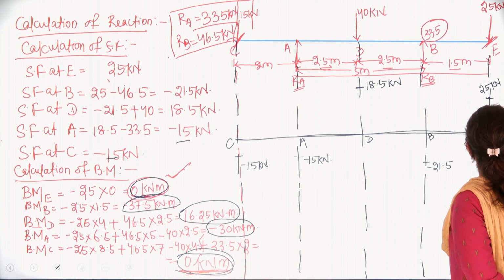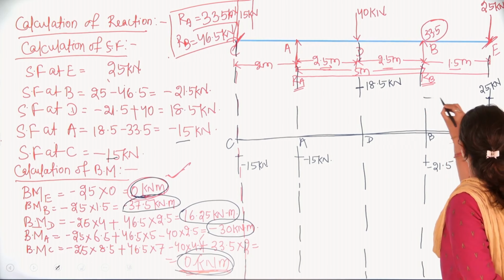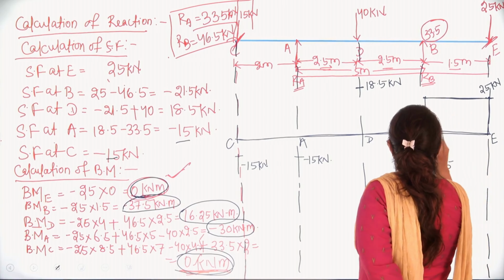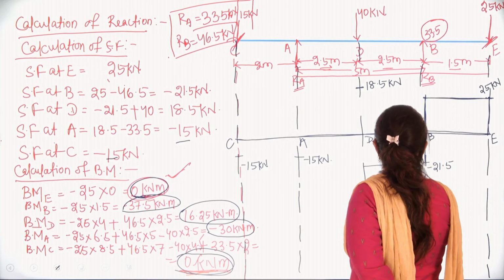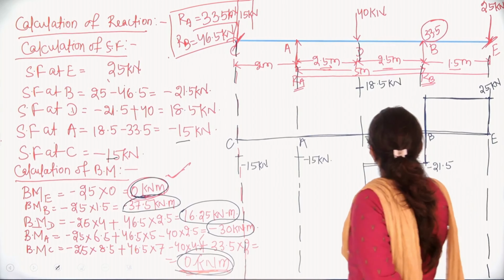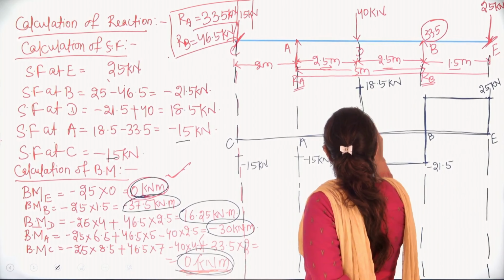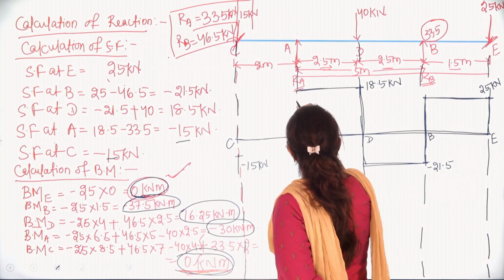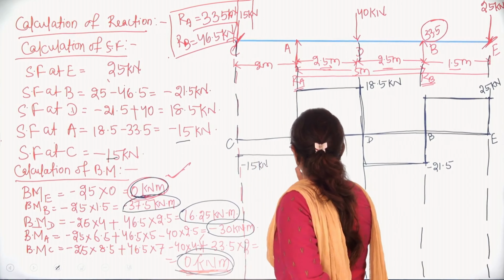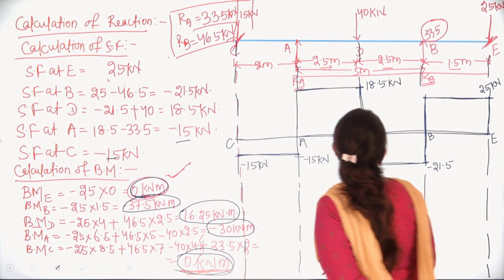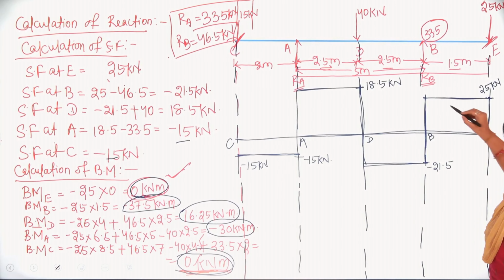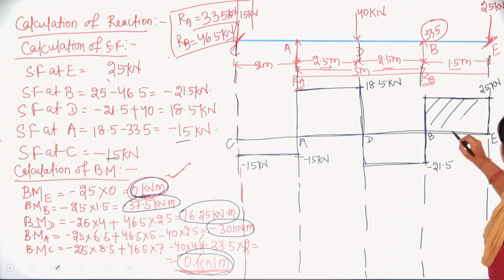Our work is just to join these. This will look like this. E to B is your 25 kilonewton. We will darken this part.